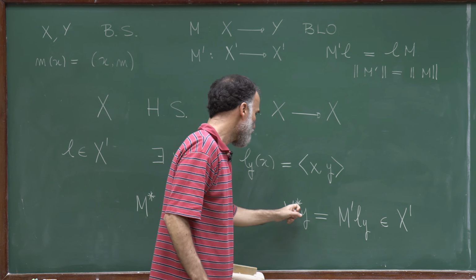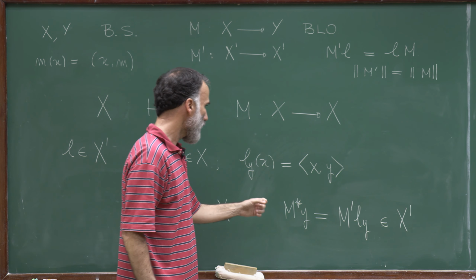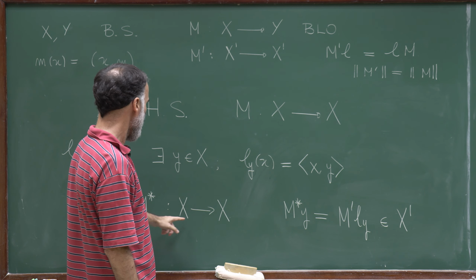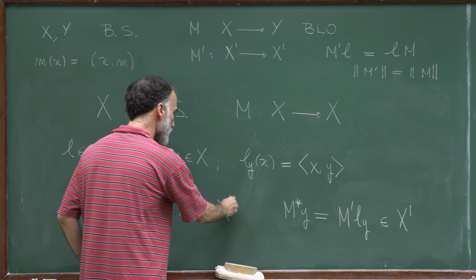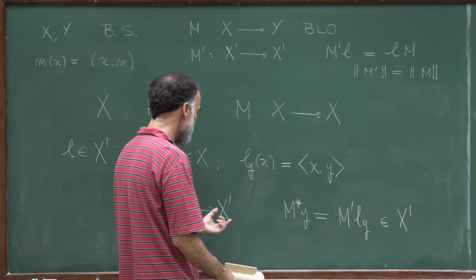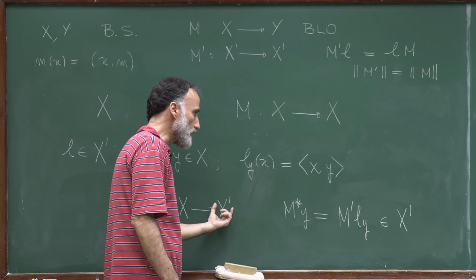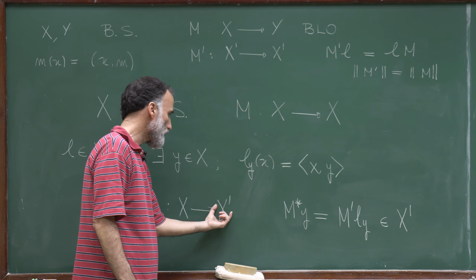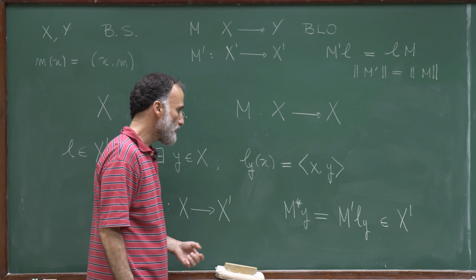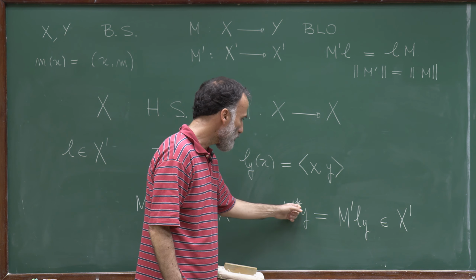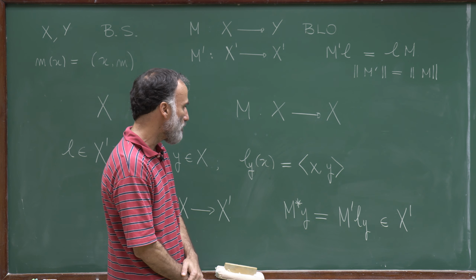So M star is sending elements from X to elements in X prime, but X prime, as you know, is equal to X, so you can interpret that expression as in X. So this is the definition of this operator M star.